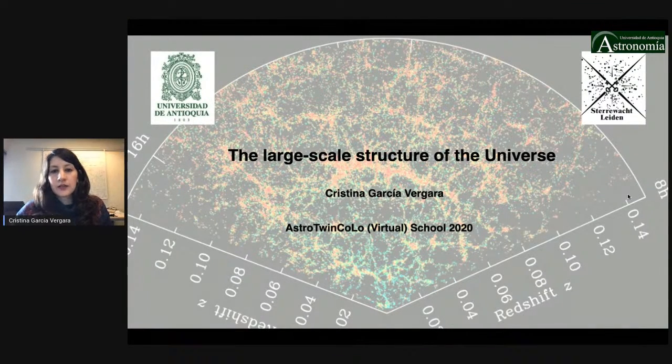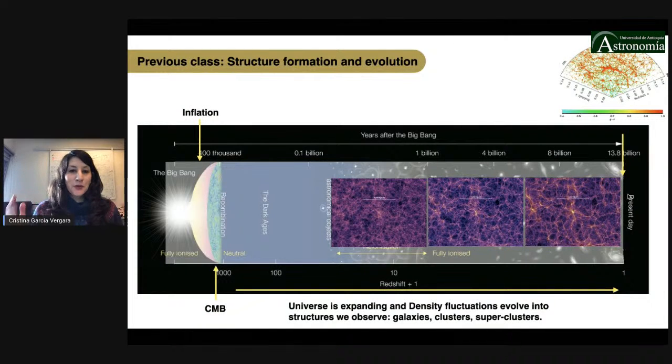Okay, then I'm gonna start with repeating a little bit some of the things that we discussed yesterday, just for you to get familiar with the topic again. This is mostly a summary of what we talked about yesterday. This is a schematic view of the structure formation and evolution in the universe.